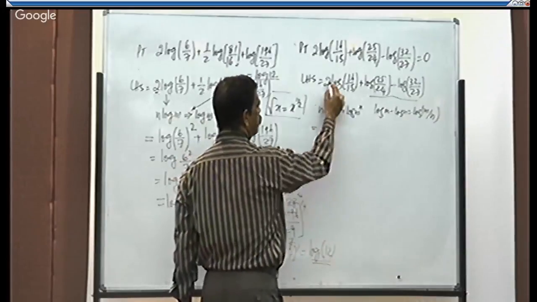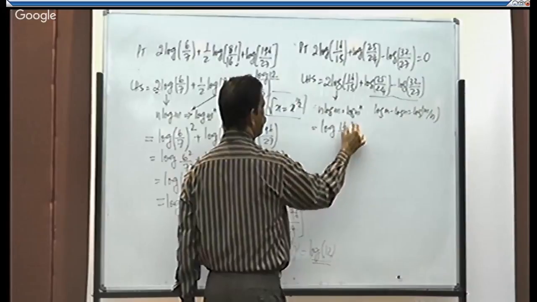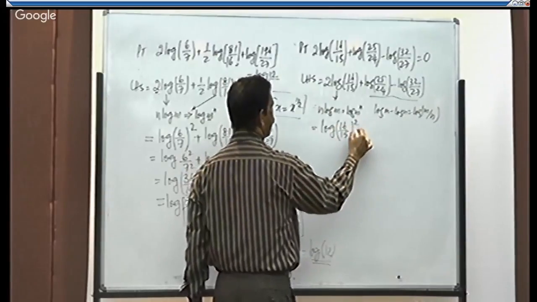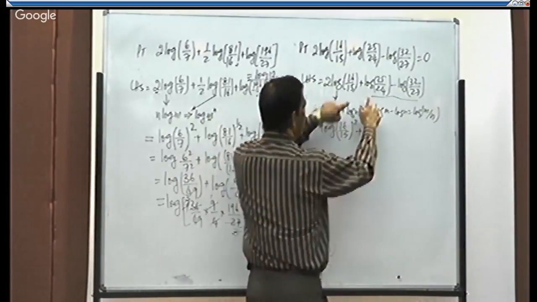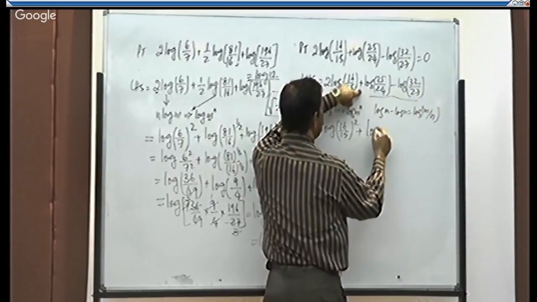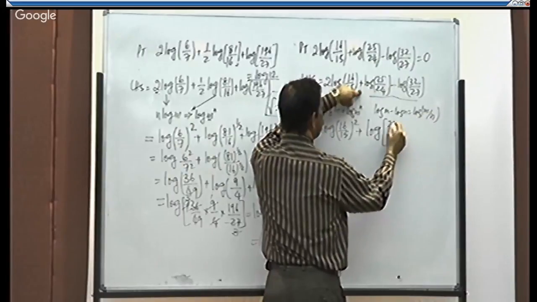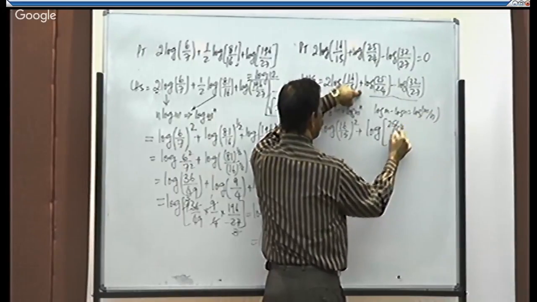According to this law, log of 16 divided by 15 whole square, plus log m minus log n is equal to what? Log of m divided by n. What is m? 25 by 24.